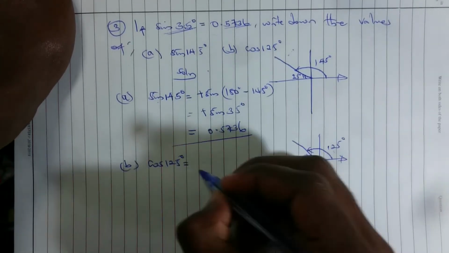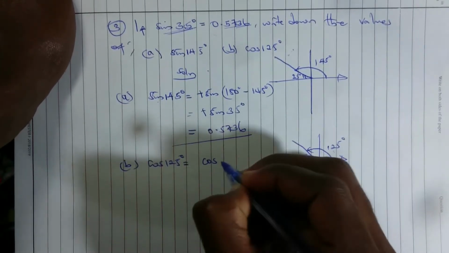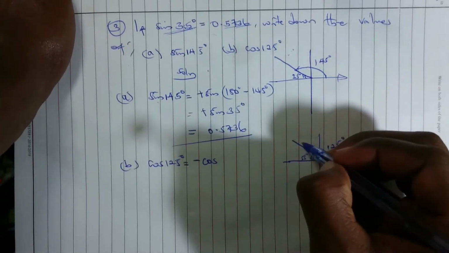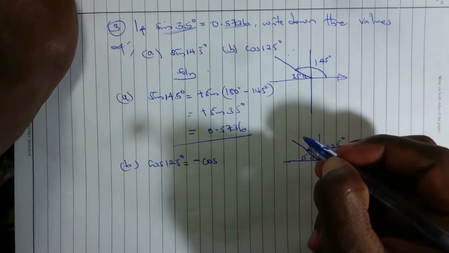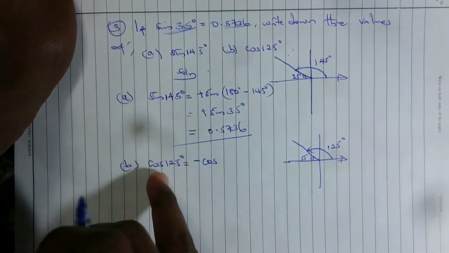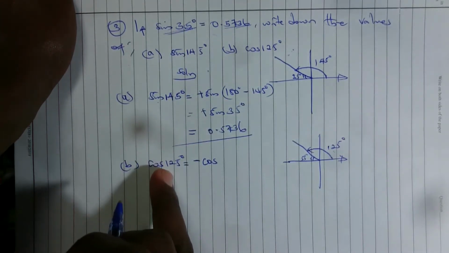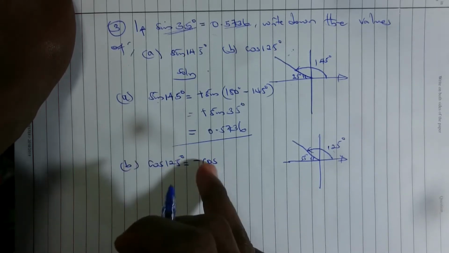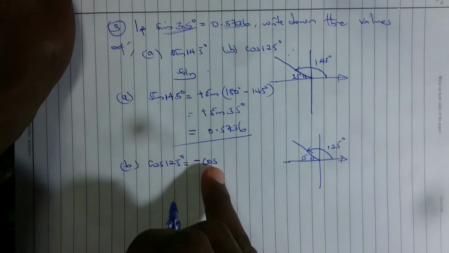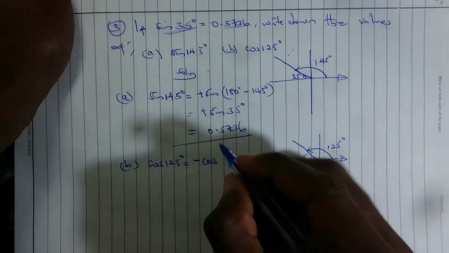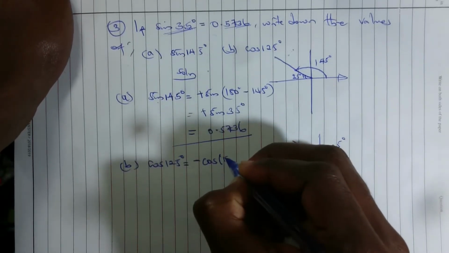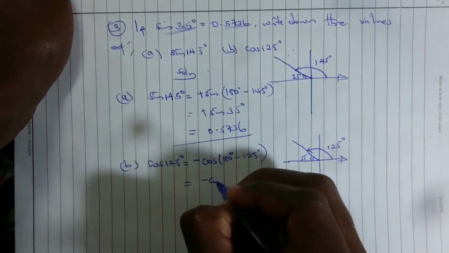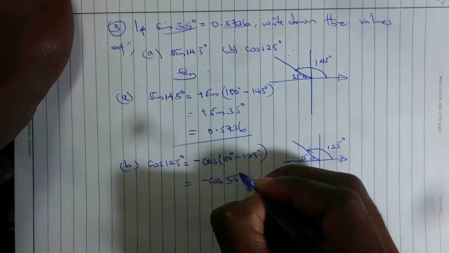Here we have cos, which is negative, because in this quadrant it's only cos that's negative. We are using that concept that cos of an obtuse angle is the appropriate sign with cos of the supplementary angle, which is 180 degrees minus 125 degrees, which is equal to negative cos of 55 degrees.